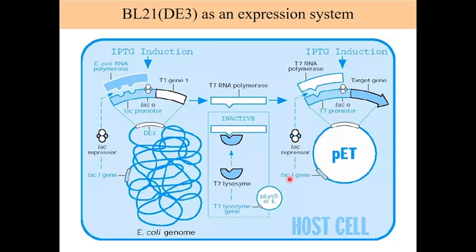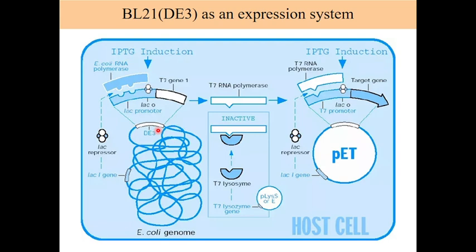When you add IPTG, again this lac repressor becomes inactive, so T7 RNA polymerase comes and sits on the T7 promoter, and the target gene, whatever protein you want to form, starts getting expressed and the protein starts getting formed. This is what happens after IPTG induction inside BL21(DE3).